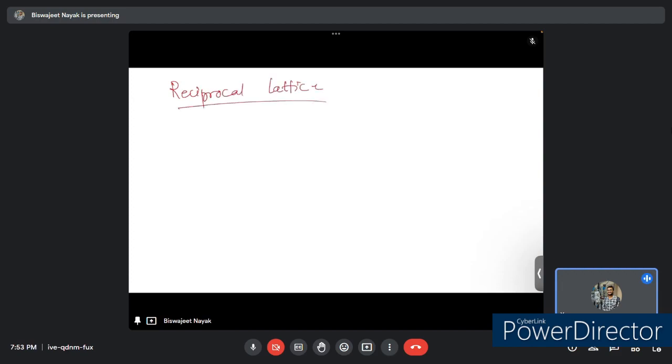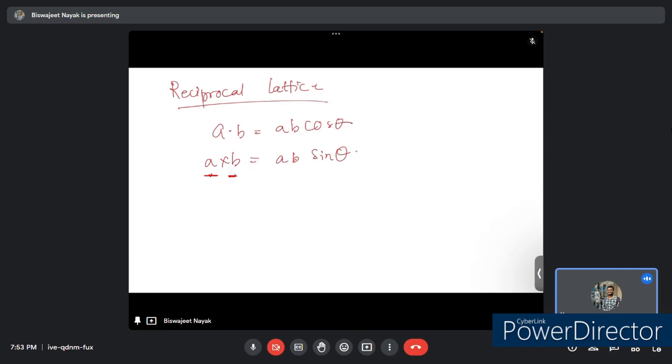The scalar product A dot B is given as AB cos theta, and the cross product A cross B is given as AB sin theta. And in the cross product, the order of the vectors is very important.